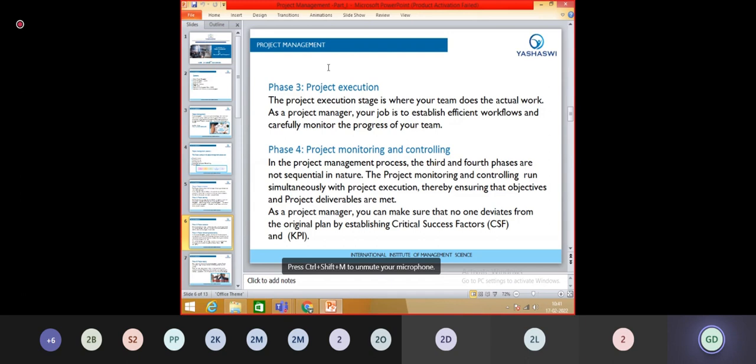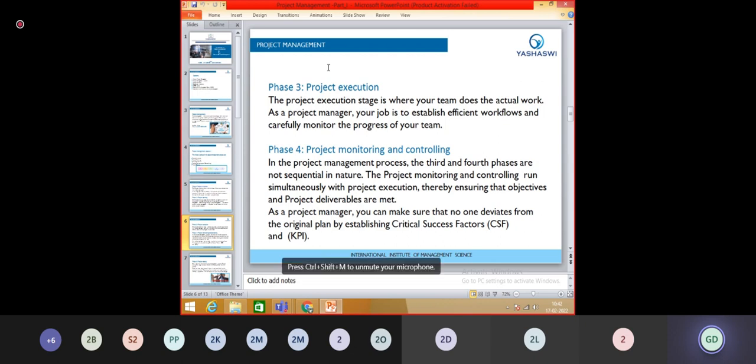Keep in mind that the third and fourth phases are not sequential in nature, because they alternate between project execution and monitoring stages. The project monitoring and controlling run simultaneously with the project execution, thereby ensuring the objectives and project deliverables are met.